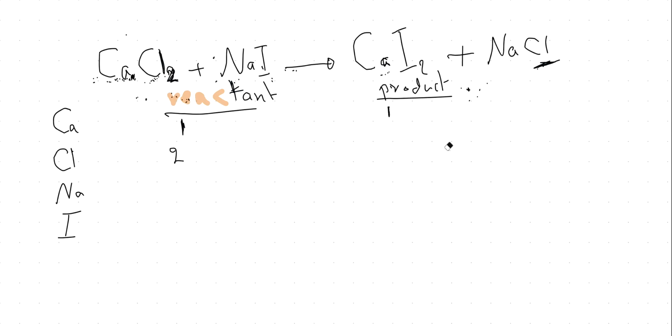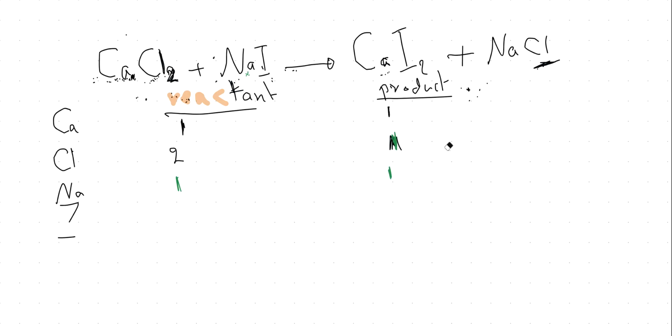Okay, now, Safa. How many atoms of sodium element do I have? 1. And on the product side, how many atoms of sodium do I have? Also 1. Okay, here this is 1, and this is 1.